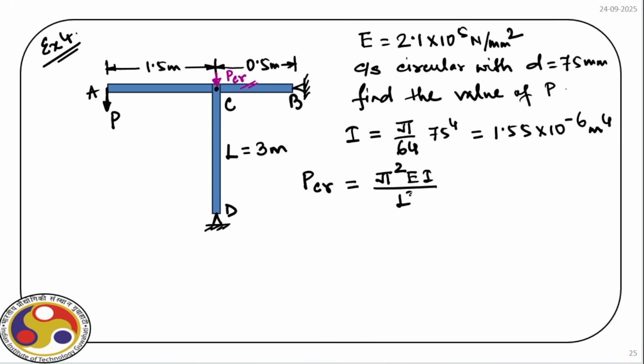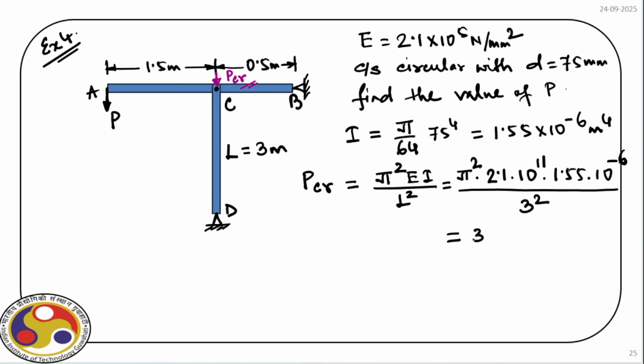So now we get pi square into 2.1 into 10 to the power 5 Newton per millimeter square, so it will be 10 to the power 11, and then we have 1.55 into 10 to the power minus 6 divided by L, which is 3 meters, so 3 square.